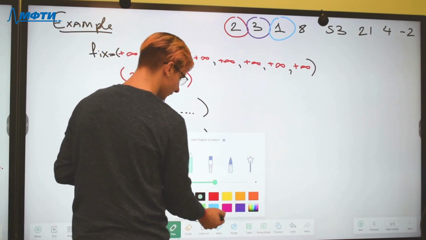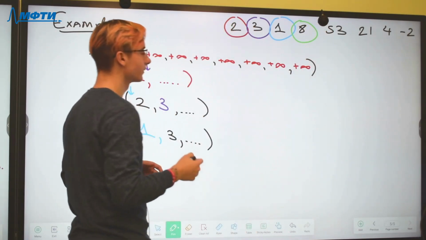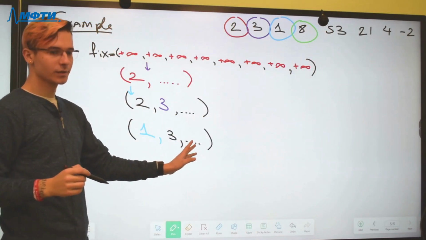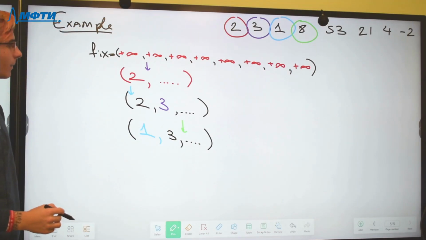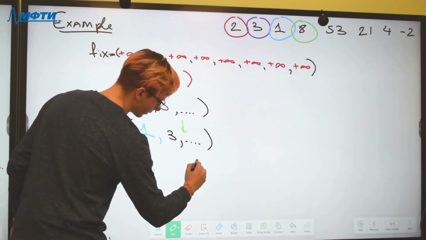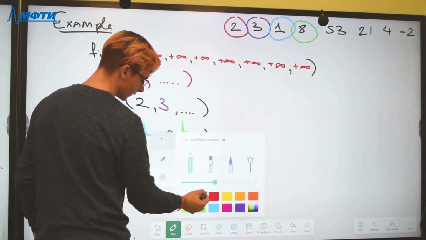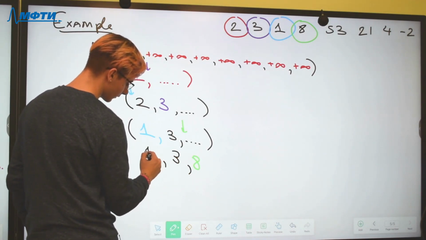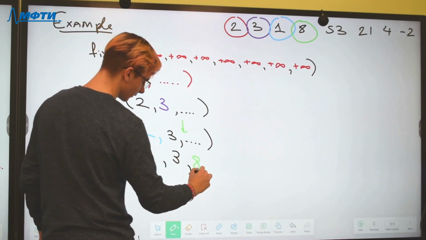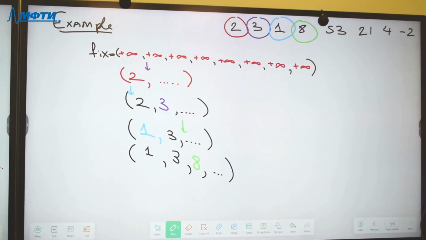Then we see 8, find the place where we need to insert it, and we change it to 8.